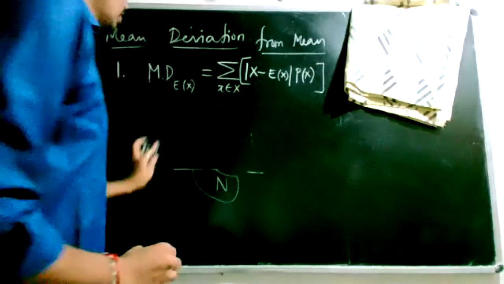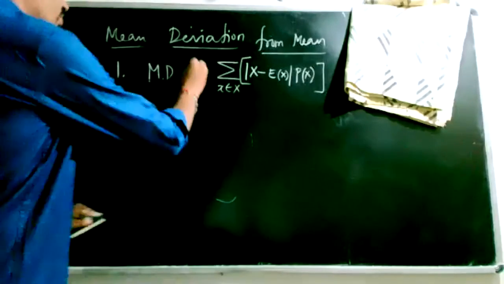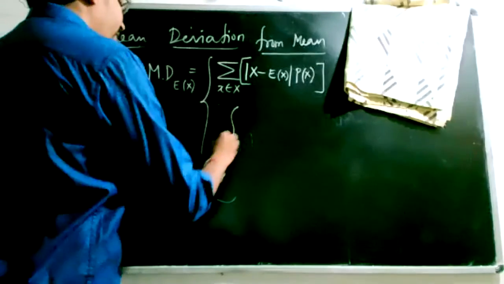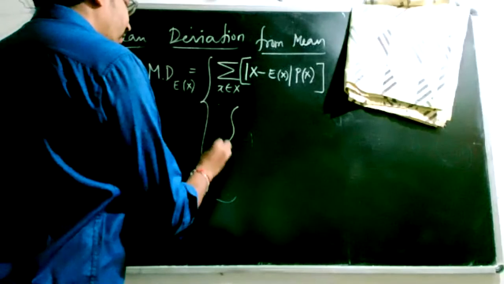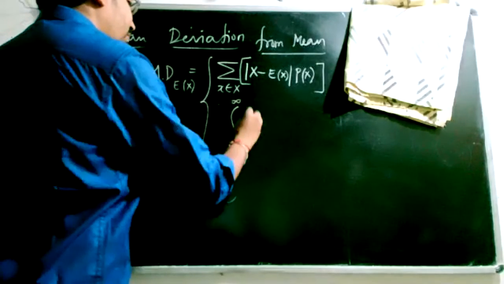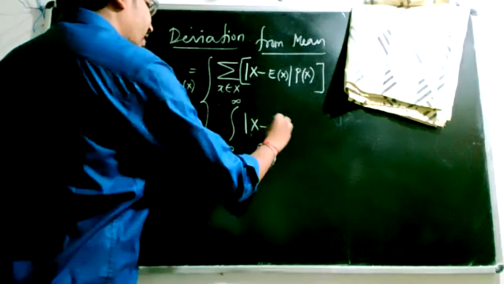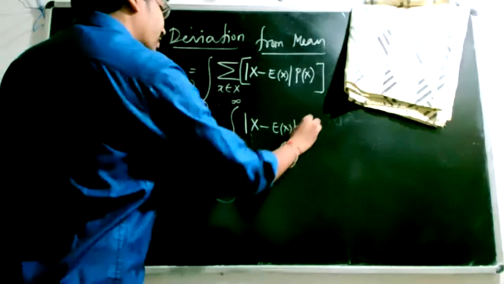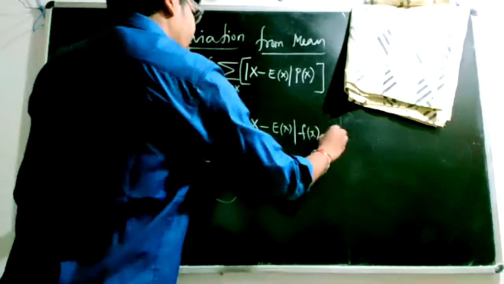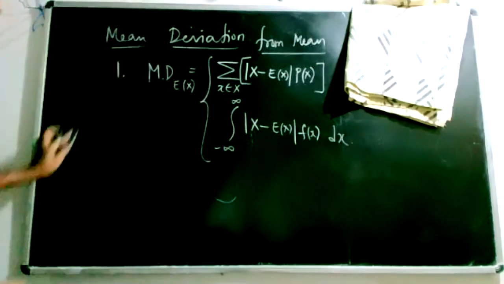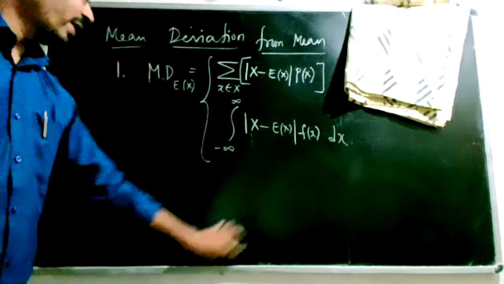And in the case of a continuous distribution, it will be the integration of mod of x minus expectation of x with the function. In these cases you have to be a little careful.